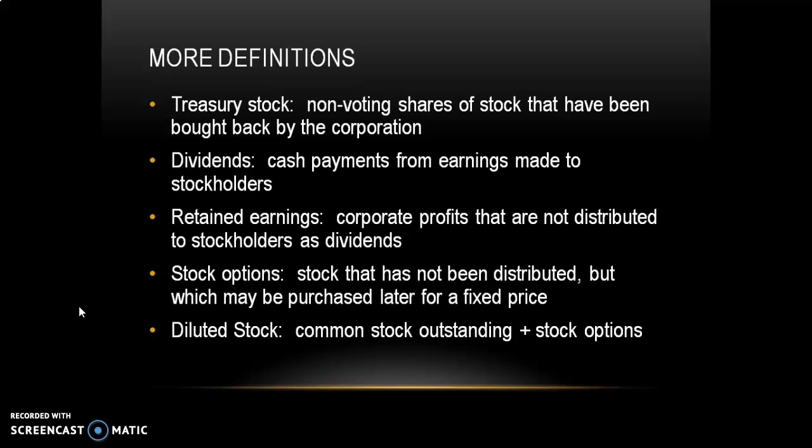That would be the amount of profit that each share of stock receives for that corporation. You'll see earnings per share undiluted, and then you'll also oftentimes see earnings per share diluted. When you see it diluted, that means we're including the stock options which have not yet been exercised in calculating the earnings per share.